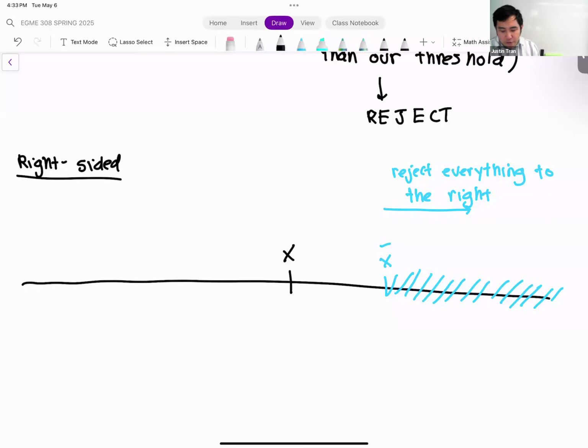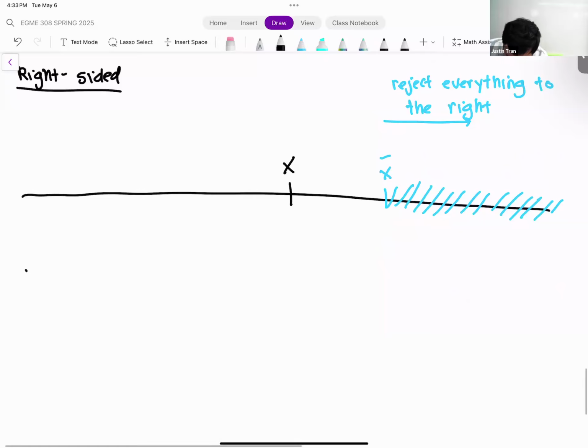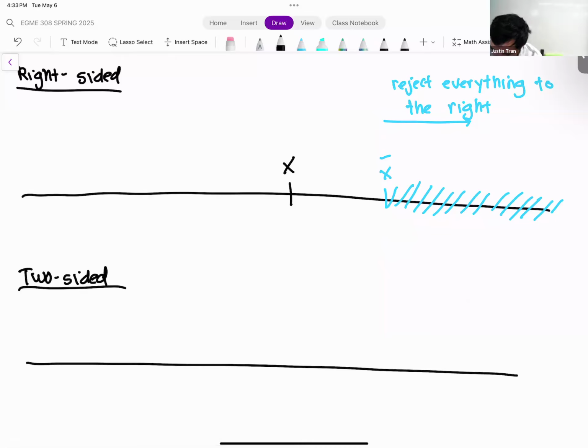All right, and then finally, we have our two-sided alternative. What's unique about the two-sided is that we have a rejection region on the left and a rejection region on the right. But in that case, we actually bring them a little bit closer to the hypothesized value. So a two-sided alternative looks something like this.